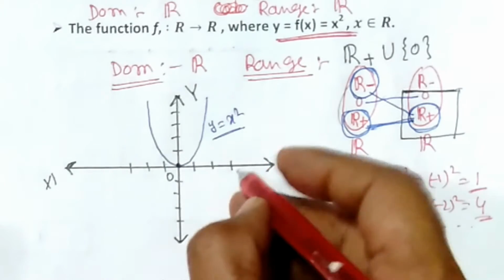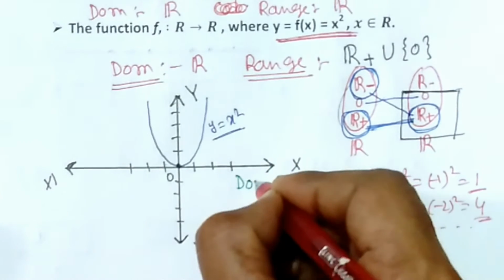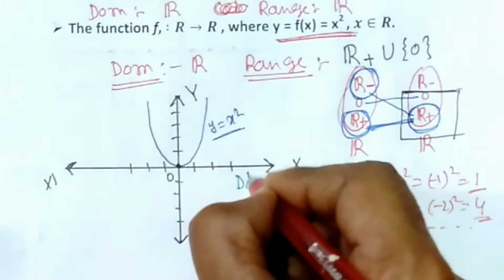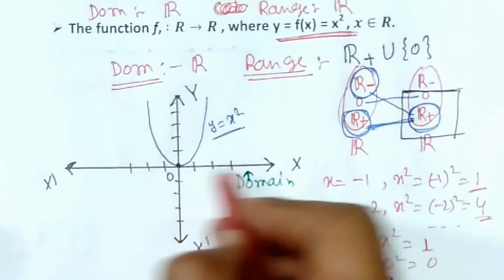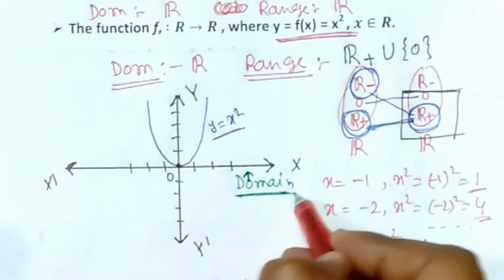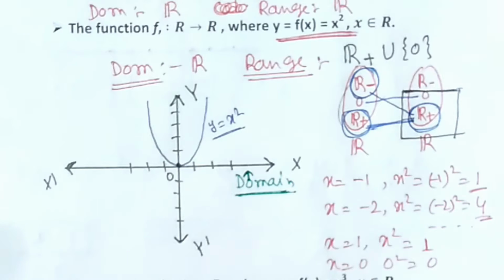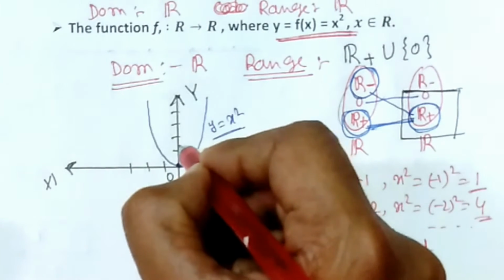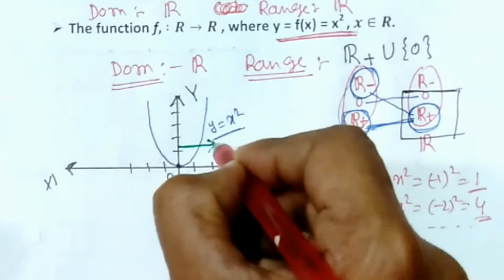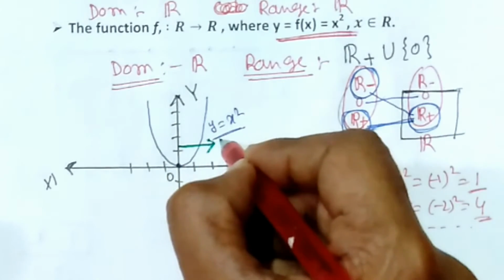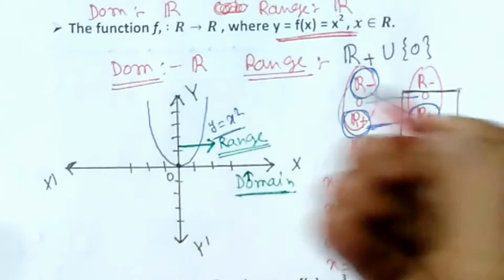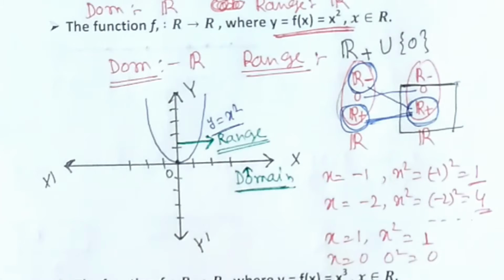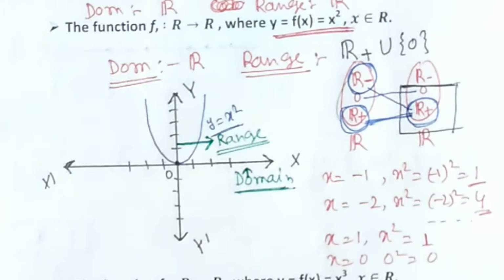So for domain we choose the points from the x axis. So you may call the x axis the domain axis also. For range we will get the points from the y axis. So the y axis will give us the range set. You may consider the y axis as the range axis.